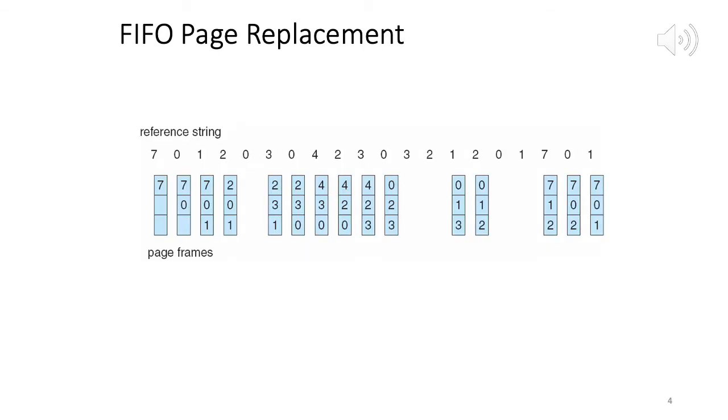So we have FIFO over here. On top, you can see the reference string, and we have 3 page frames. What we need to do is see how many page faults we have. For a particular reference string, let's say algorithm 1 gives us 4 page faults and algorithm 2 gives us 10 page faults.